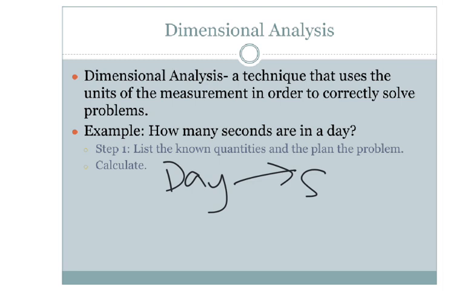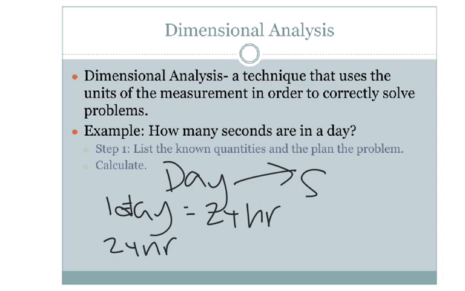So let's list. One day equals what? How can we break that up? We can say one day equals 24 hours, right? I've broken it up even further. Same value, just different numbers to represent that. Now I can break down 24 hours. I can say 1 hour, not 24 hours.